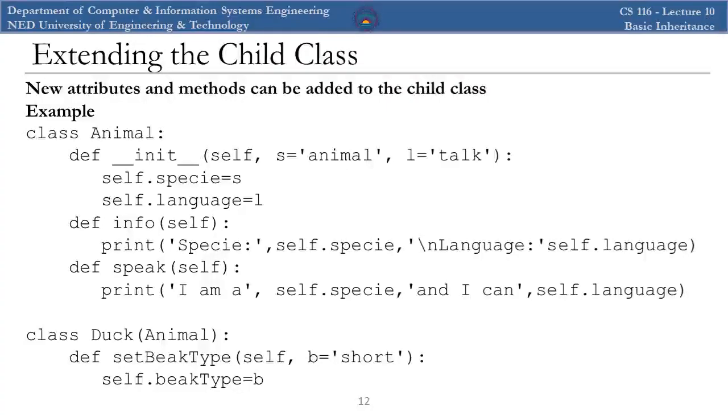So just to summarize, because on the next slide this code won't be available: the animal class remains the same. I've added only one new attribute, beak type, in class duck, and I have defined a method to access that attribute. I can access that attribute directly also because it's a public attribute, but a formal approach is that I should provide a setter method for it. So set beak type is the setter method.